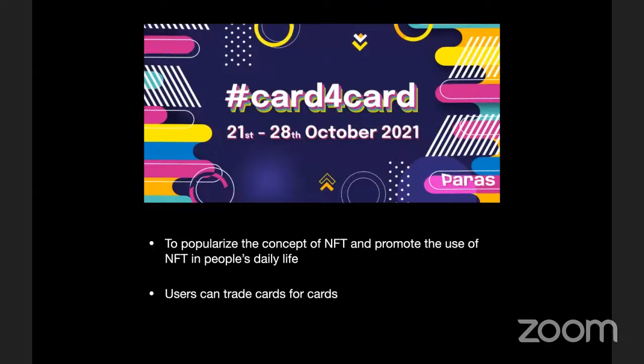As its name suggests, Card for Card allows all the creators or the card collectors to share their cards and trade their cards with others. The idea behind this project is to popularize the concept of NFT. And also we wanted to promote the use of NFT in people's daily life.